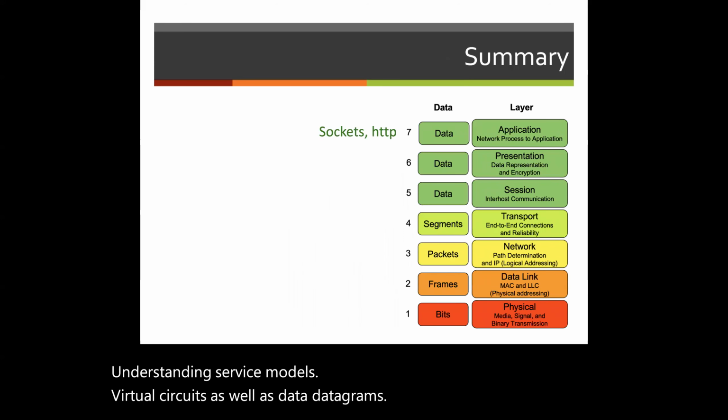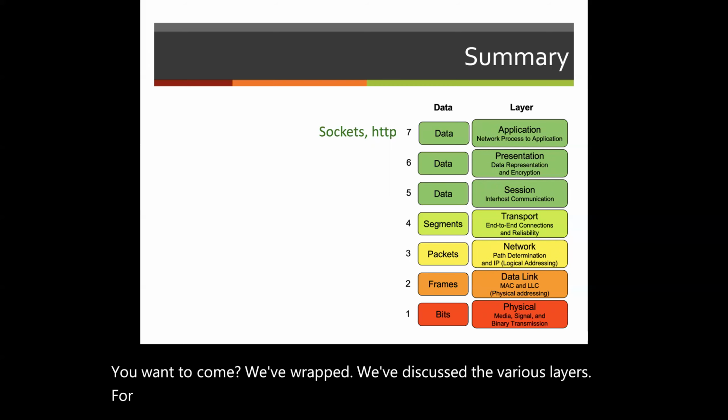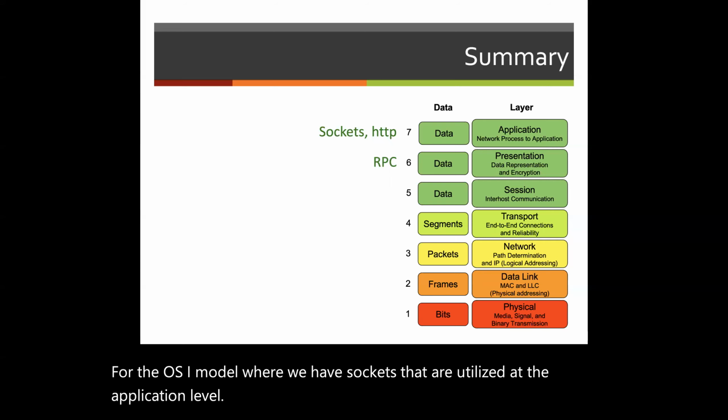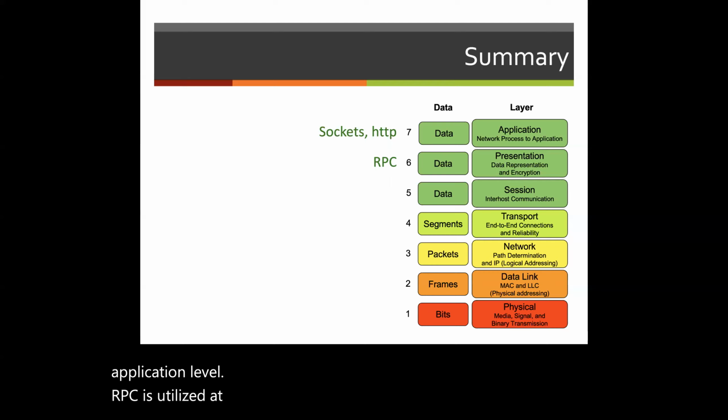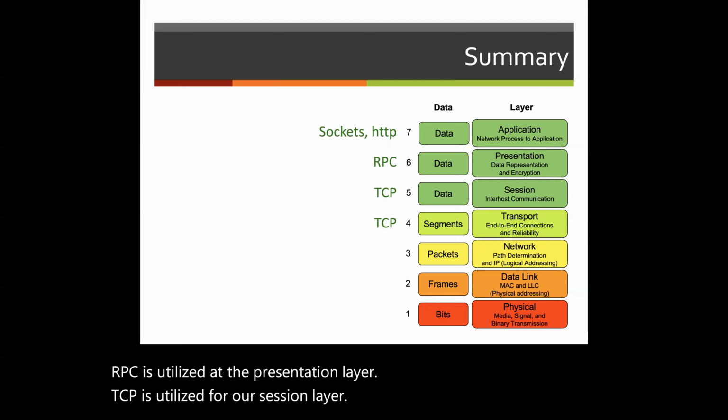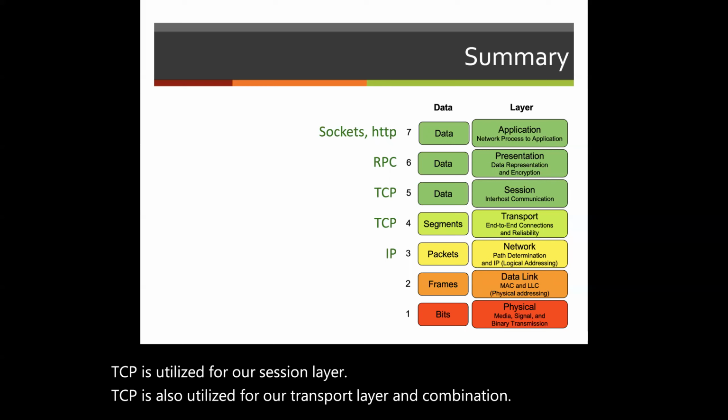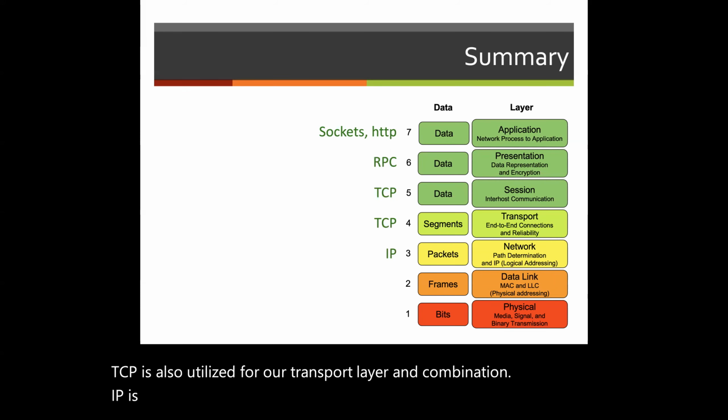So in summary, we've discussed the various layers of the OSI model, where we have sockets that are utilized at the application level. RPC is utilized at the presentation layer. TCP is utilized for our session layer. TCP is also utilized for our transport layer in combination. IP is utilized for our network layer.